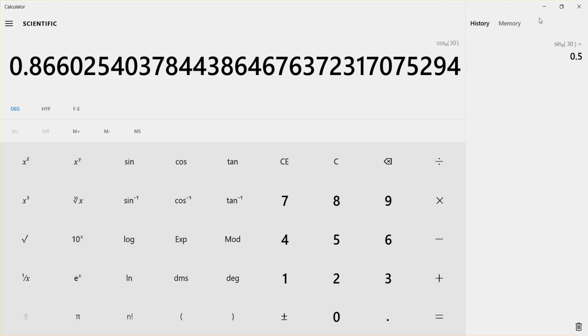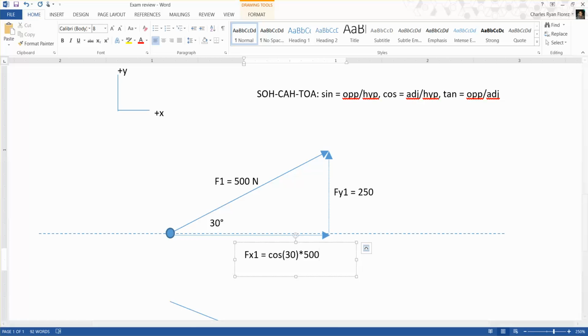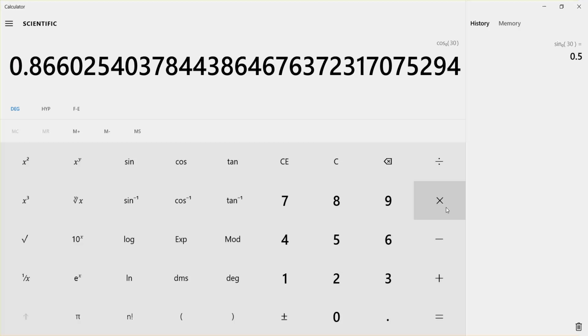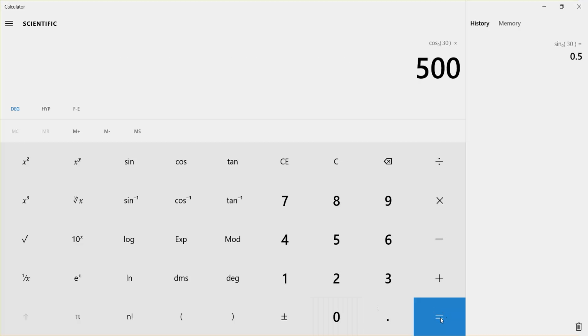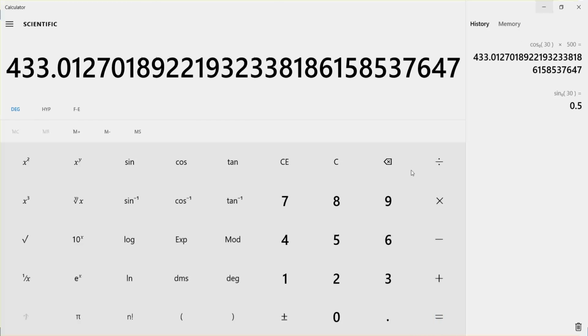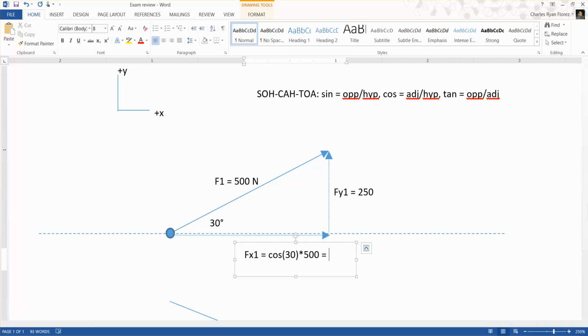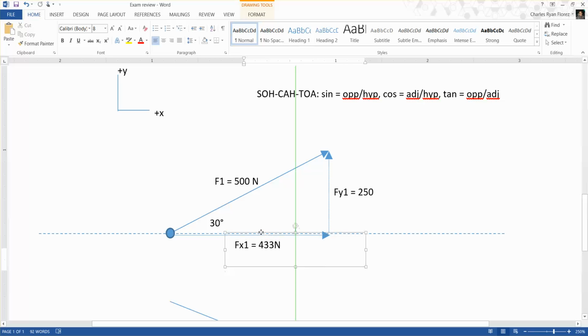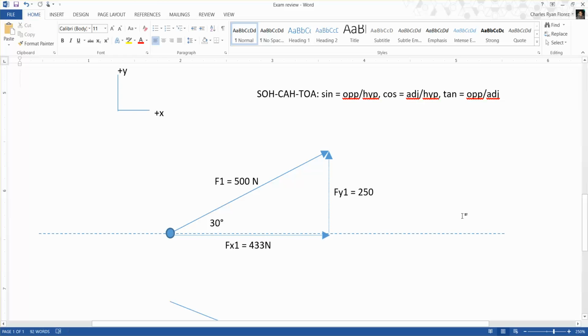Yeah, 0.866. 0.866 times 500, which is about 433 newtons. So now we know everything about the components of this F of 1.